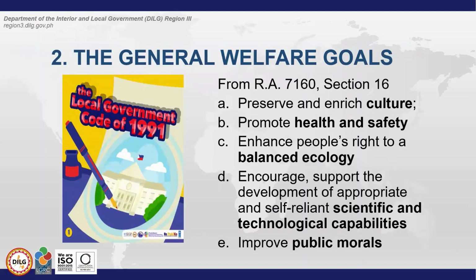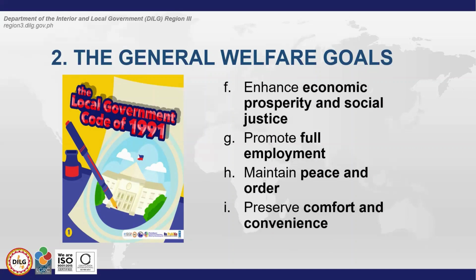The general welfare goals are derived from Section 16 of the Local Government Code, which enumerates the mandate of LGUs to provide to its citizens, such as preserve and enrich culture, promote health and safety, enhance people's right to a balanced ecology, encourage and support the development of appropriate and self-reliant scientific and technological capabilities, improve public morals, enhance economic prosperity and social justice, promote full employment, maintain peace and order, and preserve comfort and convenience.